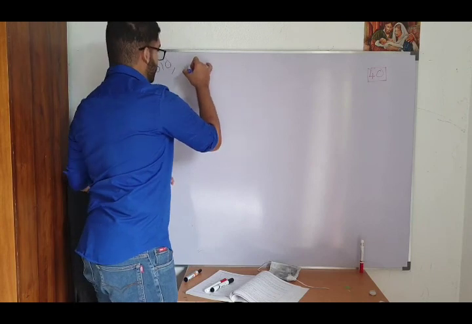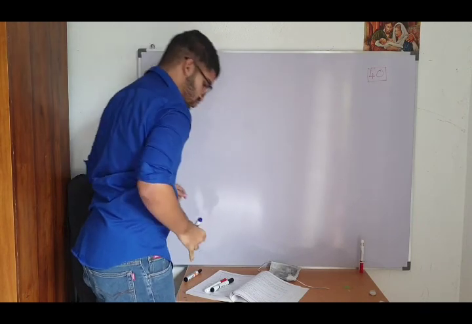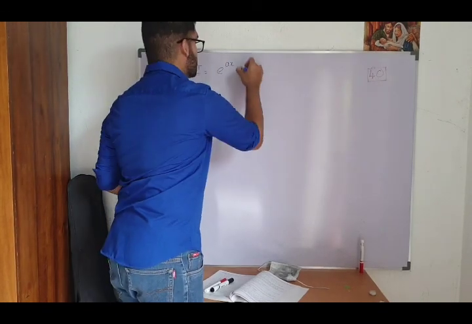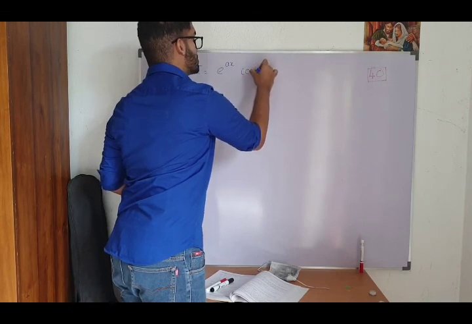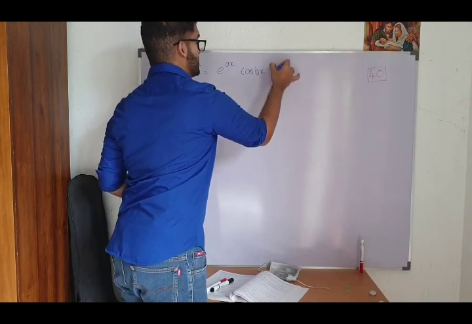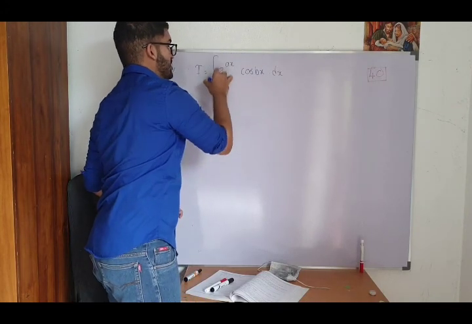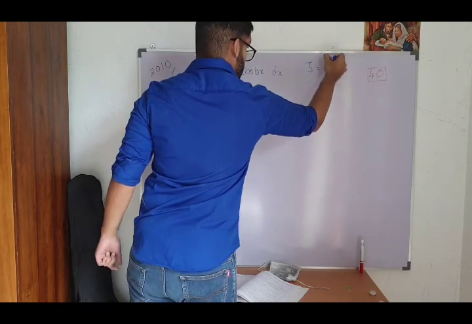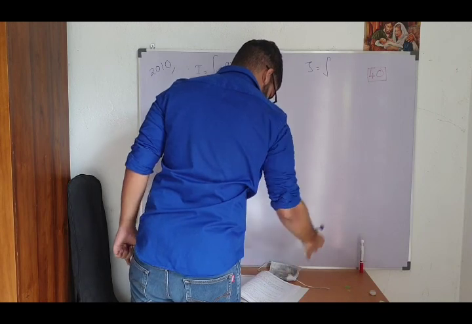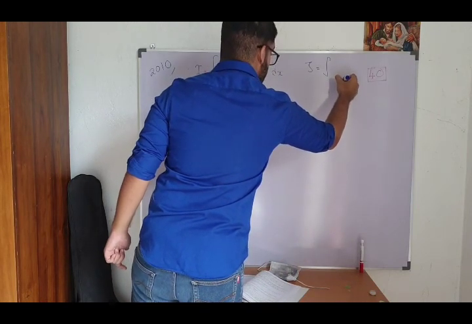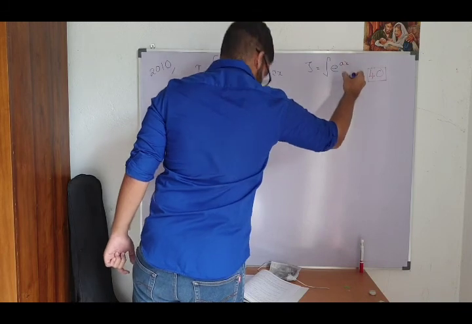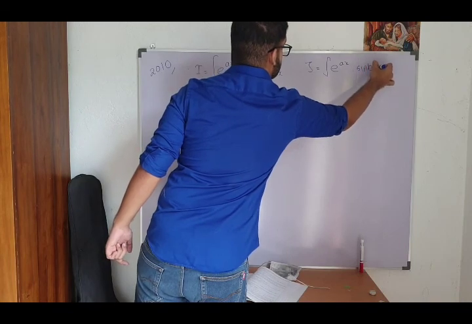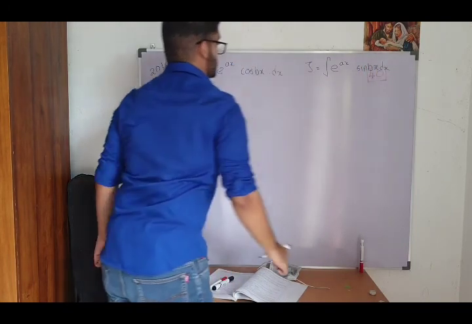So they have said that I is going to be equals to the integral of e^ax cos bx dx, and similarly, they have given that J is going to be equals to the integral of e^ax sin bx dx, right?